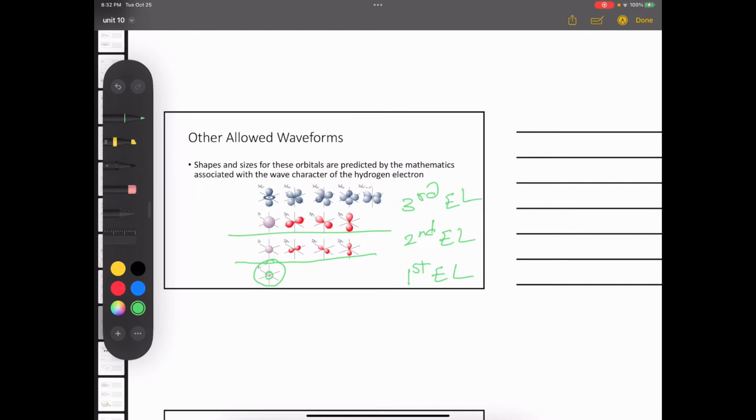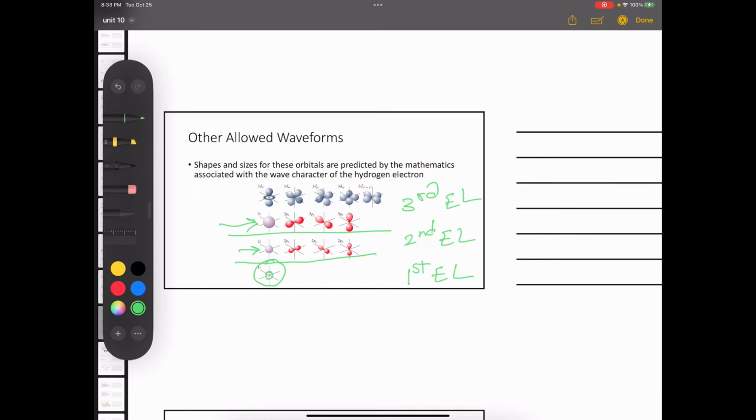And you can see with the second principal energy level, we are introducing the s orbitals as well as the p orbitals. And we can see the s orbital in the second principal energy level has a bigger spherical shape. When you go to the third energy level, the 3s orbital has an even bigger shape, because that basically increases the probability of finding the electron, because once you go further away from the nucleus, the electron will travel away even at a bigger space.